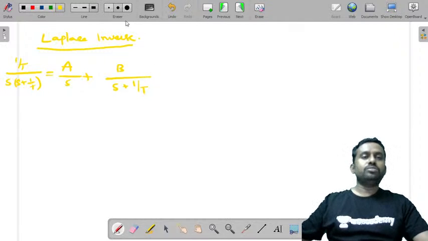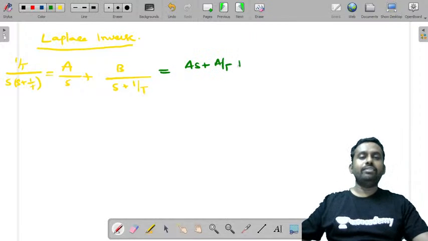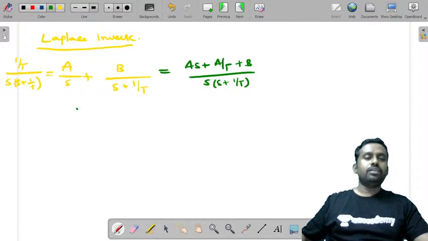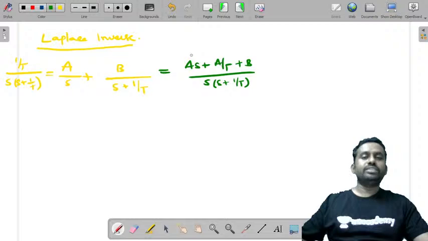Now you can do this by using different methods. I'll do it by using one method: A times s plus 1 by T, plus B times s, over s into s plus 1 by T. Compare the coefficients. First compare the coefficient of s here. What is the coefficient of s on the right side?